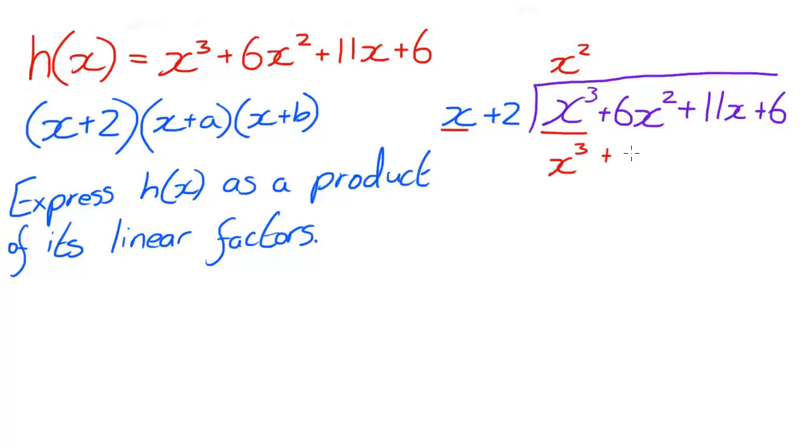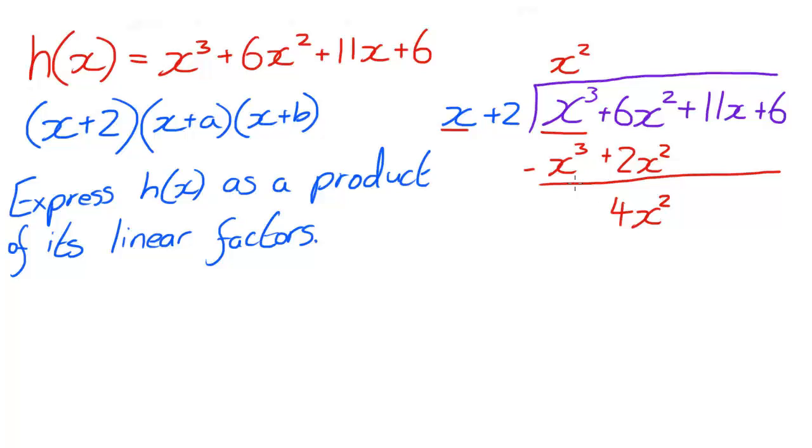We're going to get plus 2x squared. Then let's draw a line under it all the way, and then do a subtraction. So x cubed minus x cubed is going to be 0, I don't have to write it in there, and then 6x squared, take away 2x squared, is going to be 4x squared.